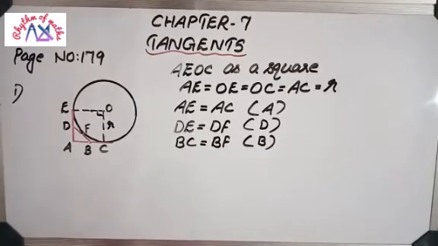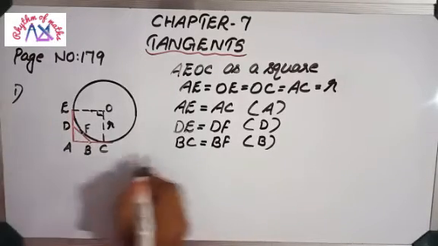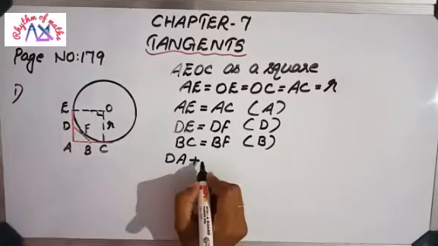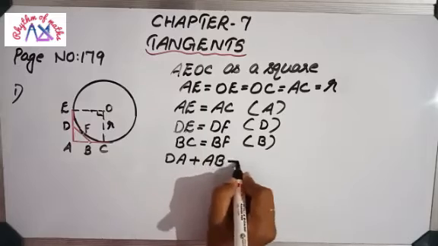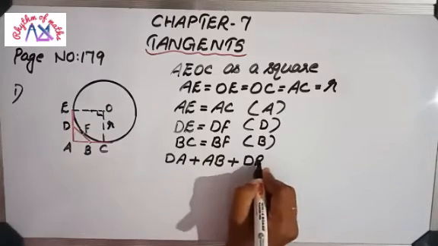So we got up to this. Now we need to prove that the perimeter of the triangle ABD is equal to the diameter. Perimeter means the sum of all the sides. So the sum of all the sides of the triangle means DA plus the next side AB plus the third side DB.